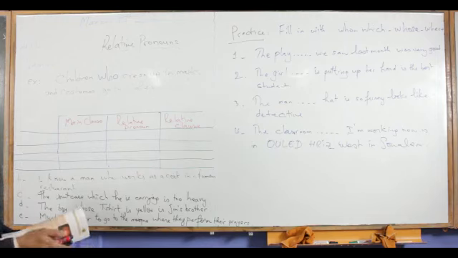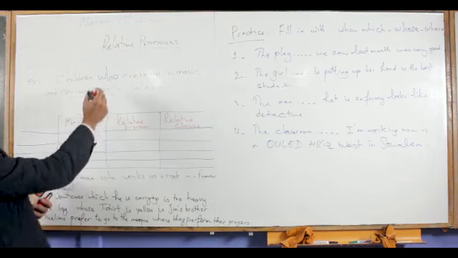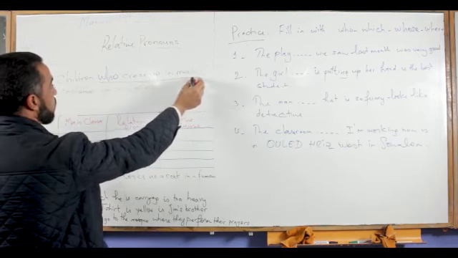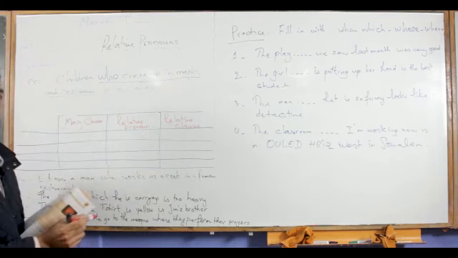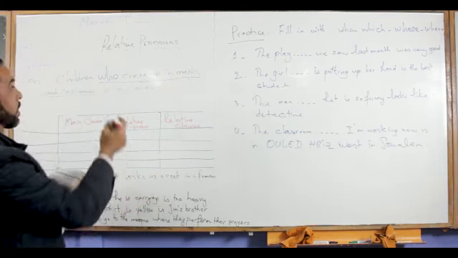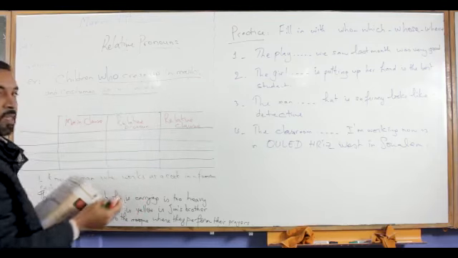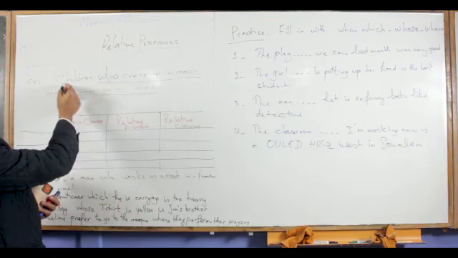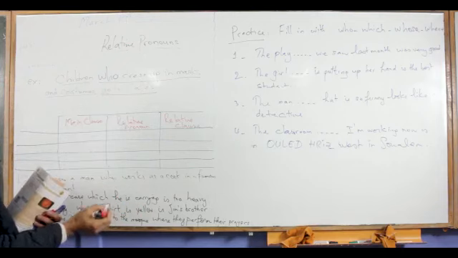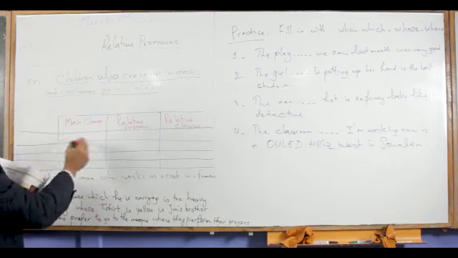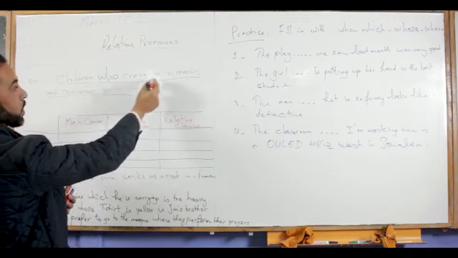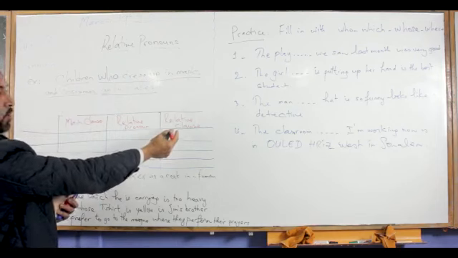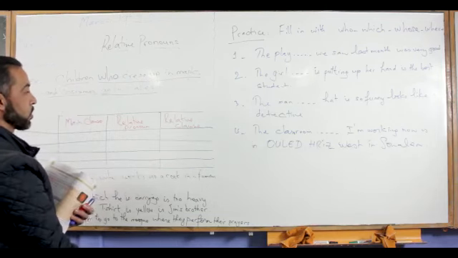Here we have who dress up in masks and costumes. This clause makes a sense, and go to cafes is another clause. So the clause children go to cafes is what we call the main clause. Who dress up in masks and costumes is what we call relative clause.